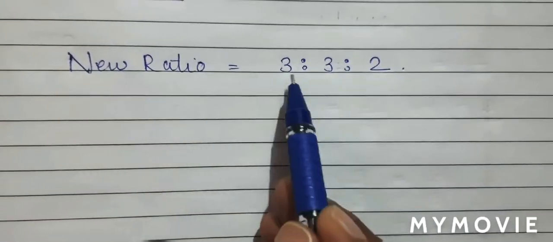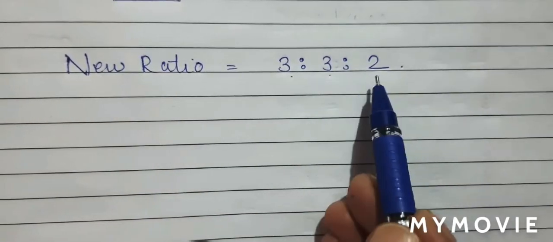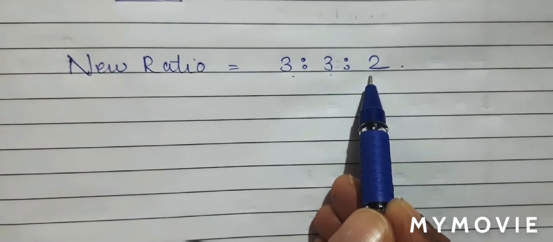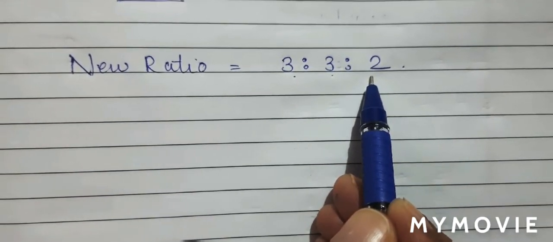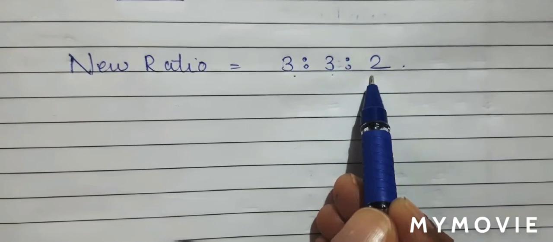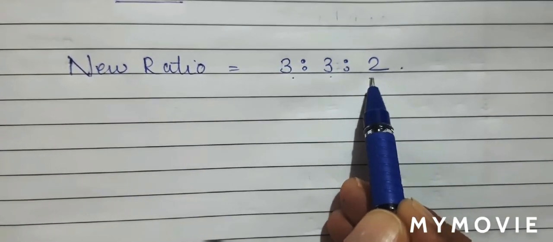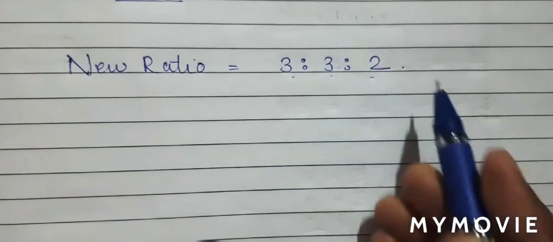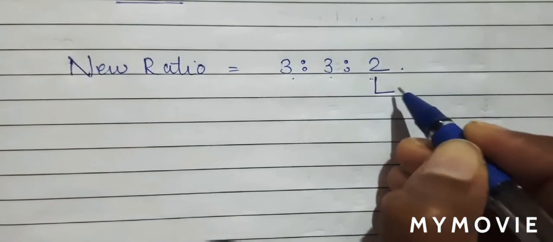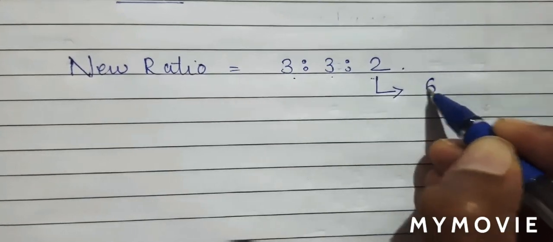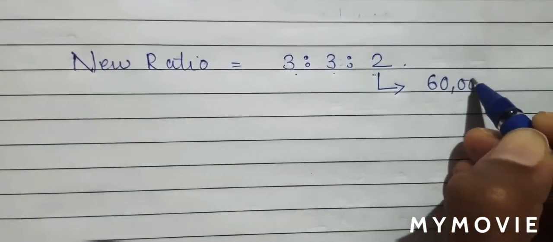So students, our new ratio is 3:2. Now let us do the capital adjustment. For capital adjustment, they have very clearly told us we have to take the new partner's capital as the base. So for 2 shares, Aparna brought in 60,000 of capital.